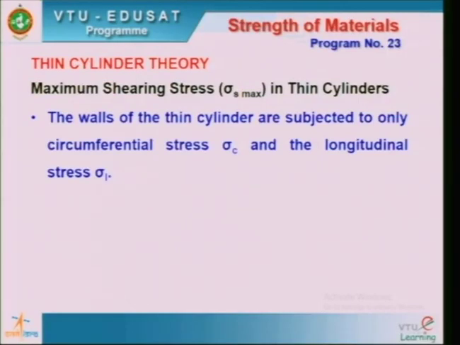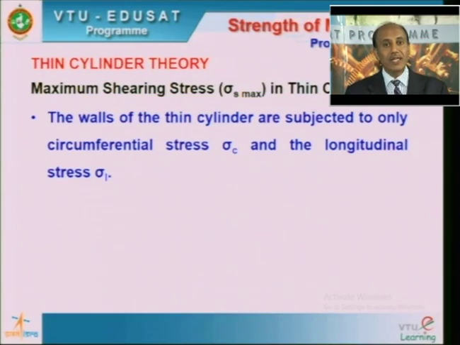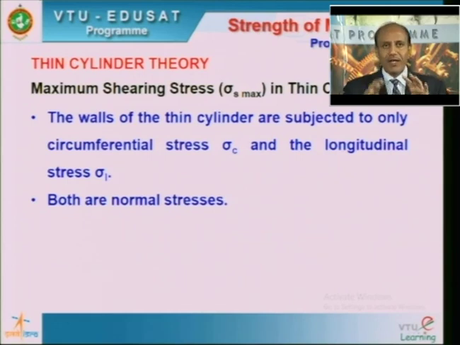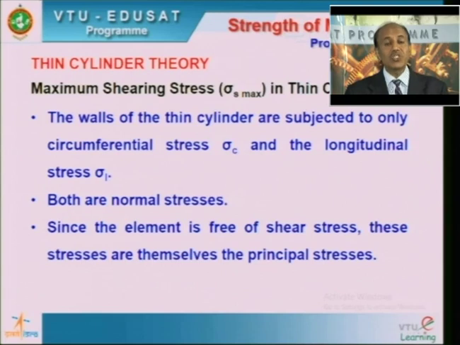As I just said, the walls are subjected to only two stresses, the circumferential stress and the longitudinal stress. And one more thing, both are normal stresses. The walls are not subjected to shearing stresses. Since the walls are not subjected to shearing stresses, the most important conclusion is that these are called the principal stresses.